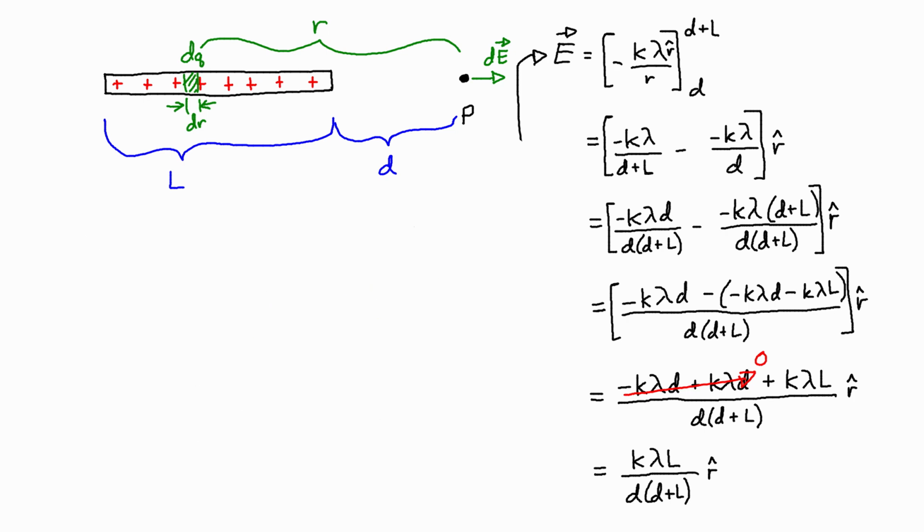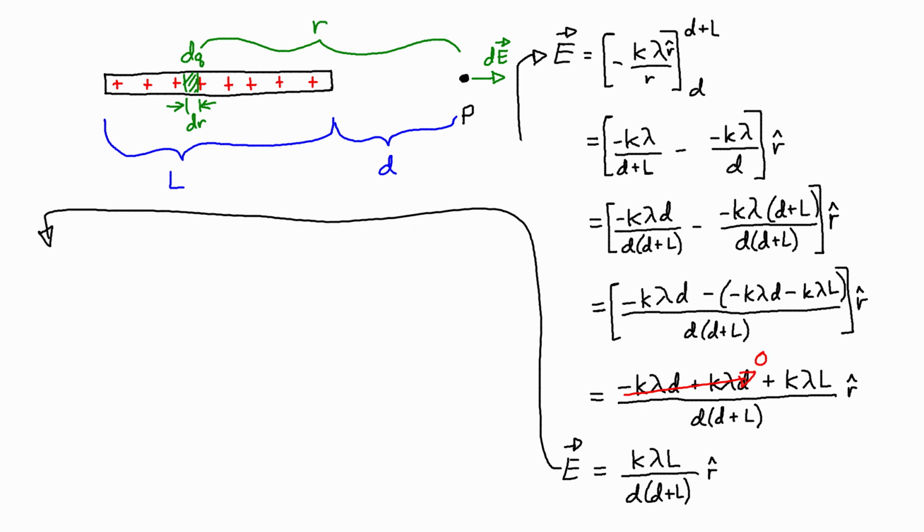But we're not quite done simplifying this yet, because we've defined lambda, but ideally what you would want to do is get this in terms of the original variables that we were looking at. So again, this is the electric field value. I'm going to bring this over to the left-hand side. I just made some space. So I can substitute in, remember that lambda was equal to the total charge divided by the total length.